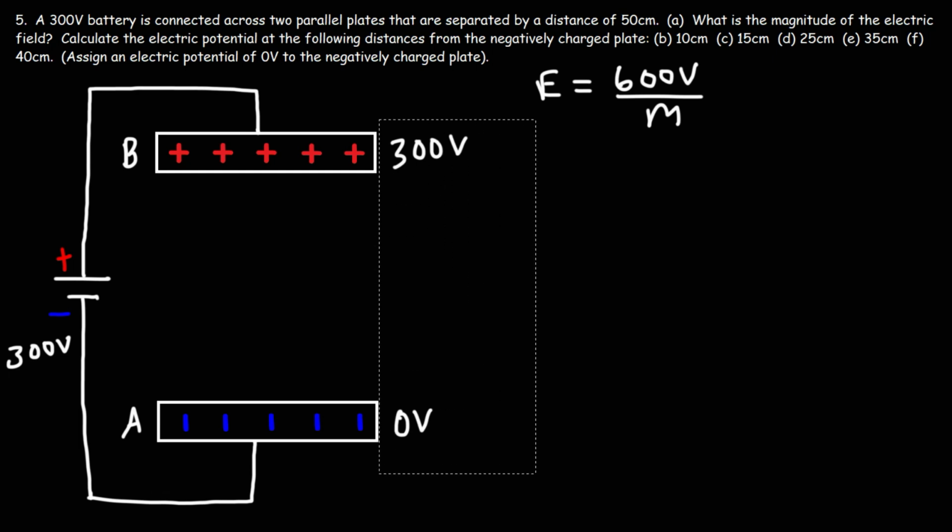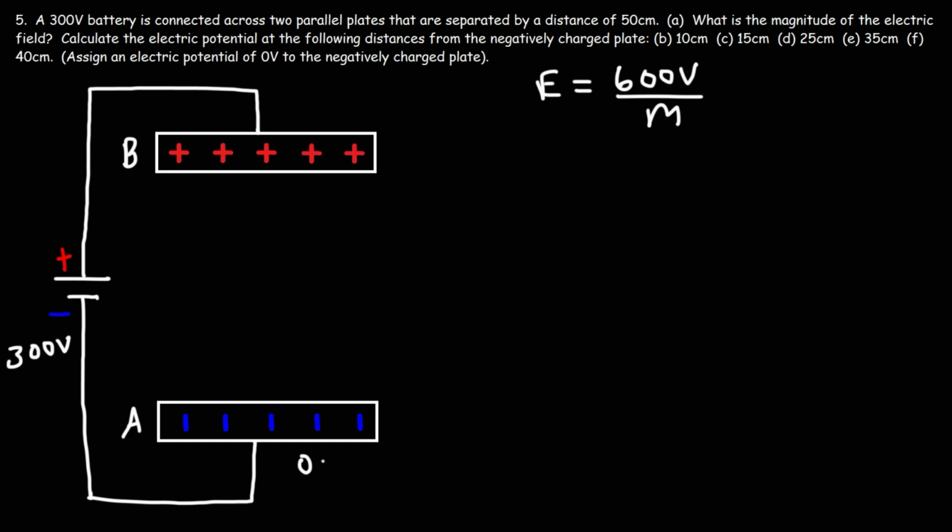First, I need to create additional space. So I'm going to put the potentials here. So relative to the negatively charged plate, let's assign this a value of 0 centimeters, and this is going to be 50 centimeters. So at 0 centimeters, the potential is 0 volts. At 50 centimeters, we can see that it's 300.